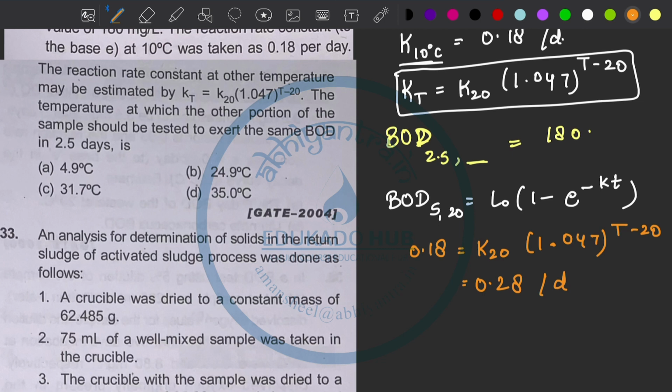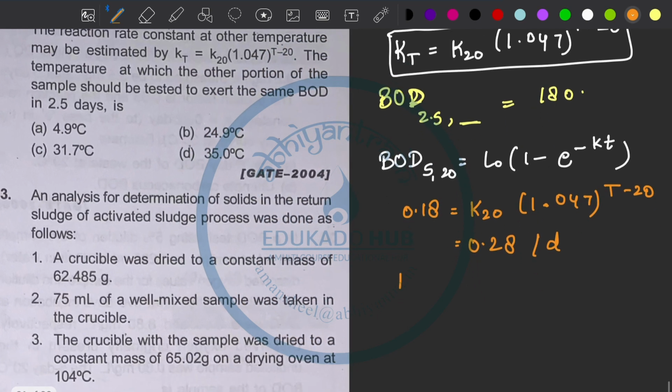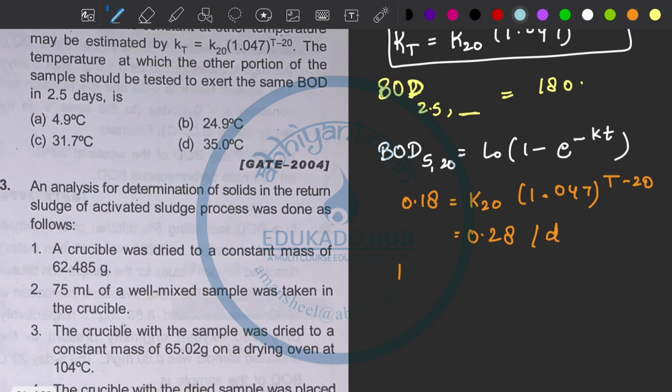Now see, so I have the K value. Can I calculate the ultimate BOD that was here? Yep, we can calculate. So ultimate BOD value will be BOD 5 at 20 degrees Celsius equals L0 (1 minus e to the power minus K at 20 into time).